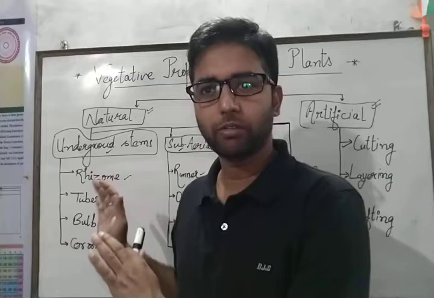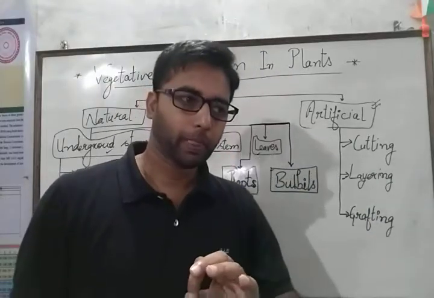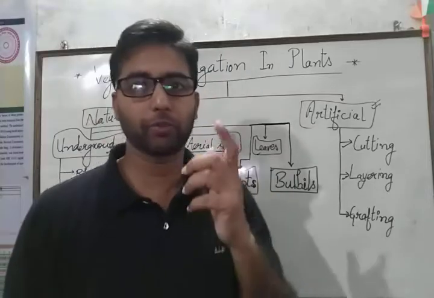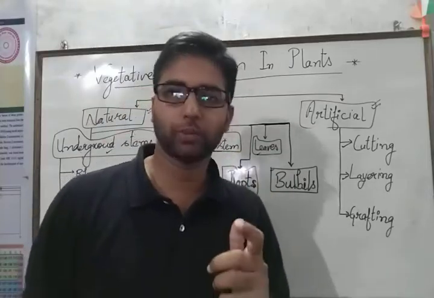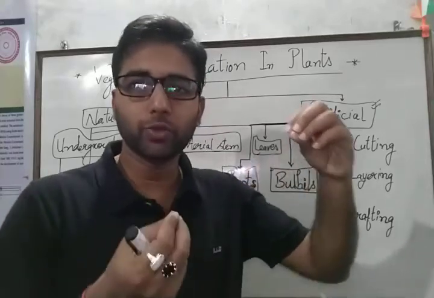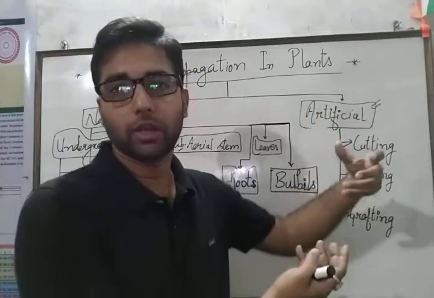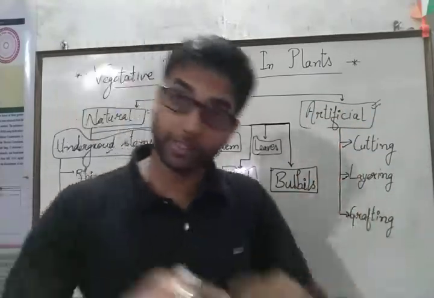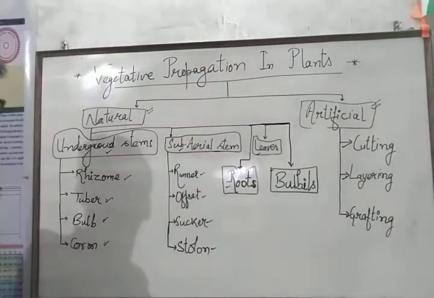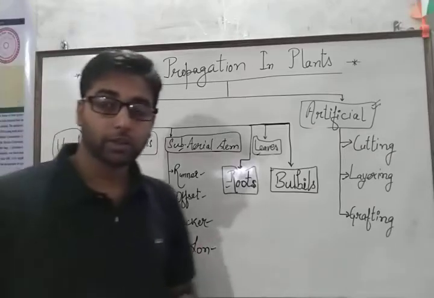Vegetative propagation is strictly used for plant asexual reproduction. So when a vegetative part is used for reproductive processes to grow a new plant of the same type, this is called vegetative propagation.